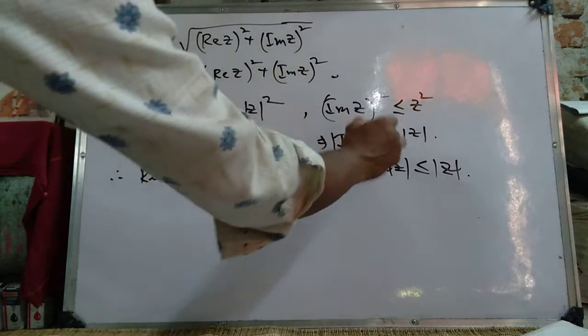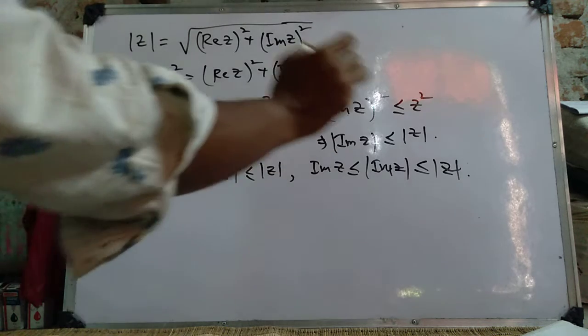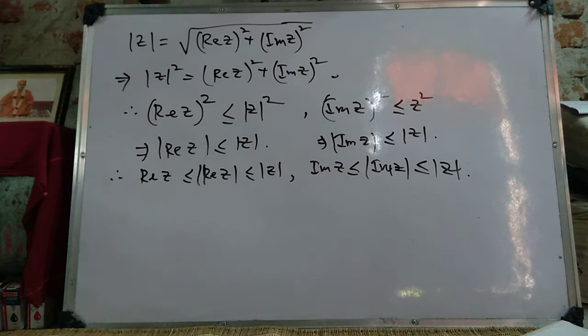That means minus and plus of real z are obviously less than or equal to mod z. So in the next line, this implies this. We are also getting some properties of the modulus of a complex number.